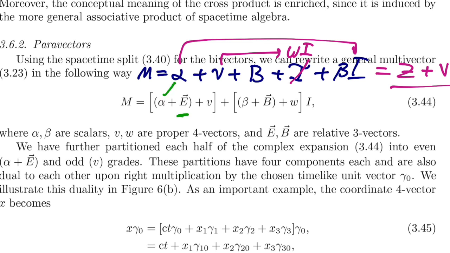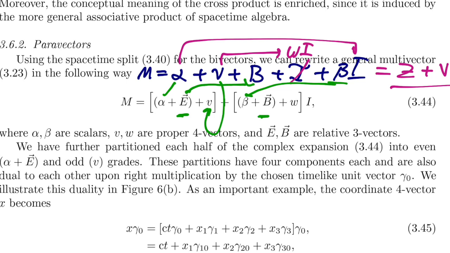The E is a relative 3 vector, so that's a part of the bivector that ends up here. And then you have a vector, so the vector just drops right down to here. Then you have beta I. That is clearly the pseudoscalar part, so this pseudoscalar part goes right there.